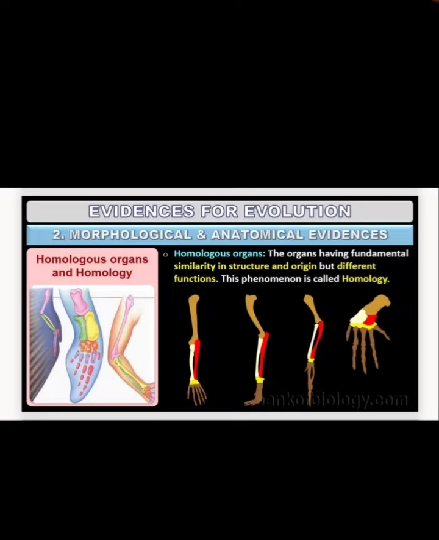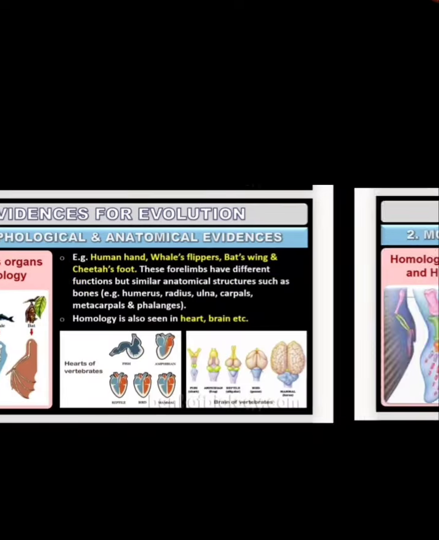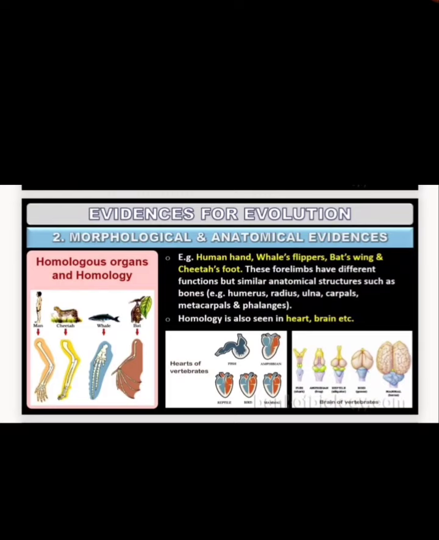So homology is where different organisms have the same structure and origin. For example, you are seeing the bone structure: it will be the same bone structure but their function is different, right? That is called homology or homologous organs. For example, the human hand, whale's flippers, bat's wing and cheetah's foot.